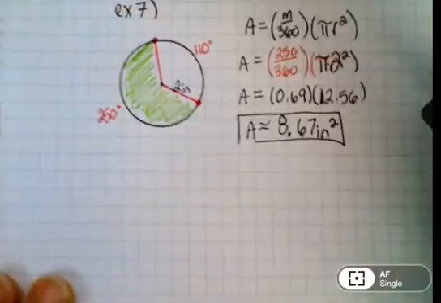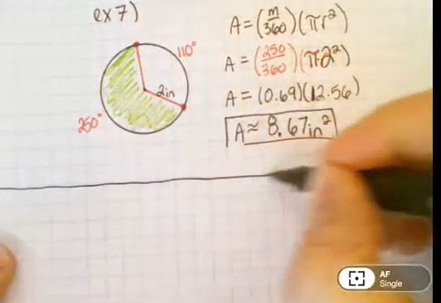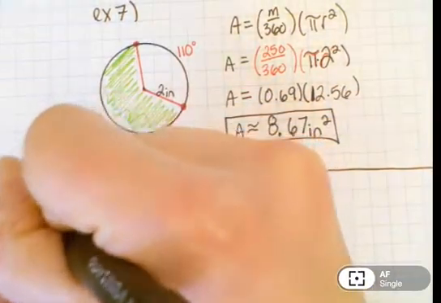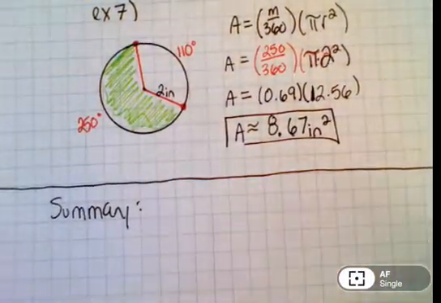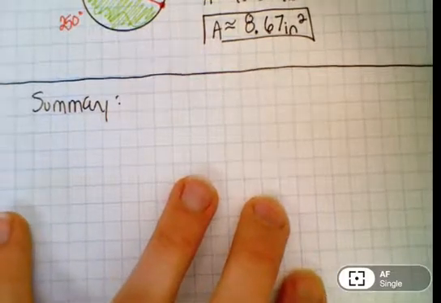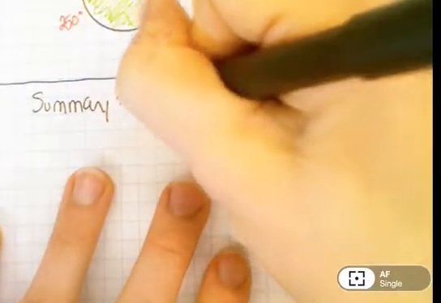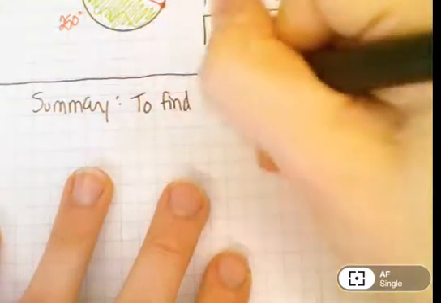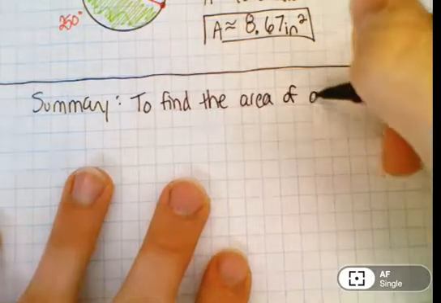So it's time to write our summary. Go ahead and draw a line. All right, so for the summary here, the essential question was, how do we find the area of a circle and how do we find the area of a sector? And so we're going to want to write to find the area of a circle.